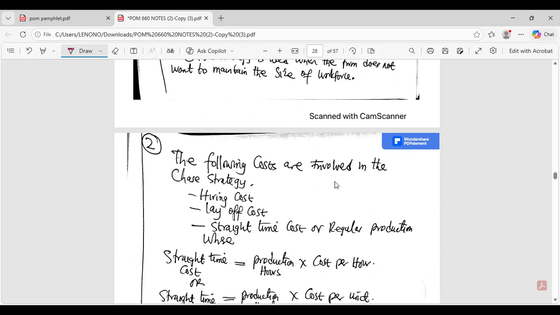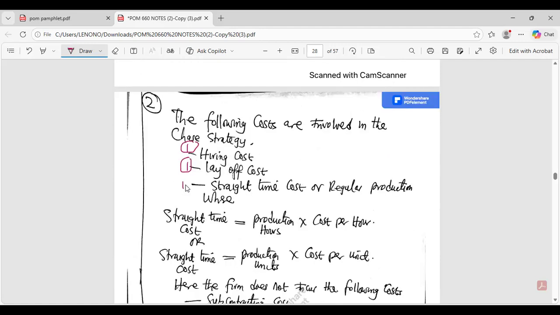The following costs are involved in the chase strategy. The first one is hiring cost. Then we have the layoff cost. And the other one is the straight time cost.